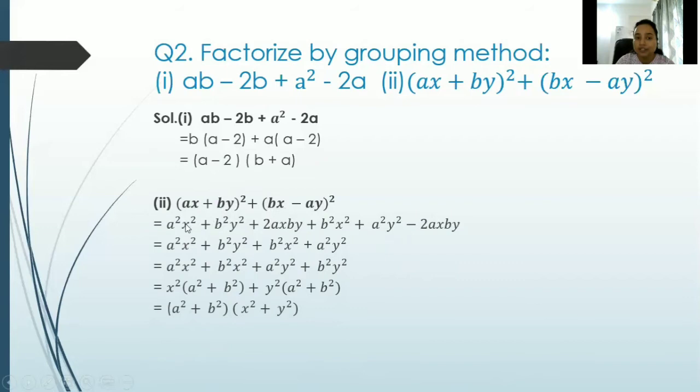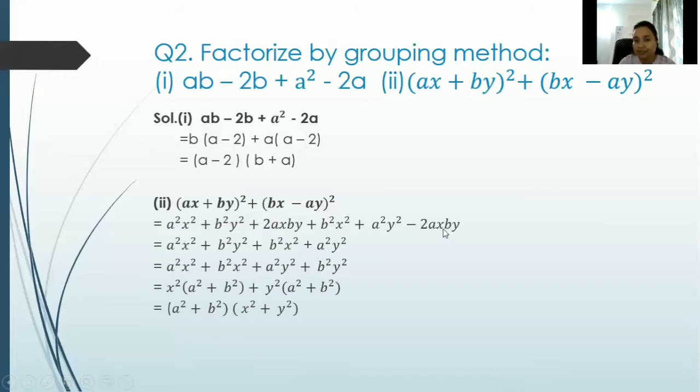So the first term square, the second term square, then plus 2ax plus by, as we open the identity a plus b whole square. Similarly, this is a minus b whole square. I'm opening them like first term square plus second term square minus 2ab kind, like first term and the second term, right? So it's here.